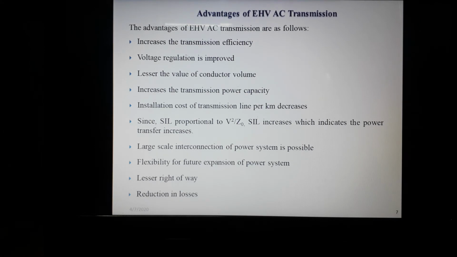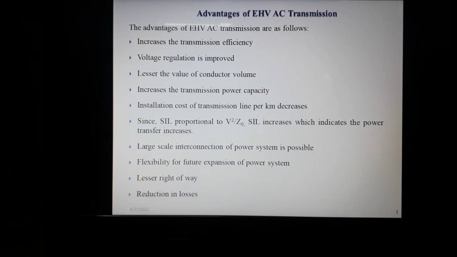The advantages of EHV AC transmission include the following. The losses in EHV AC transmission are reduced. Voltage regulation is improved: the resistance of the conductor is reduced, so the voltage drop in the conductor is reduced in power transmission.